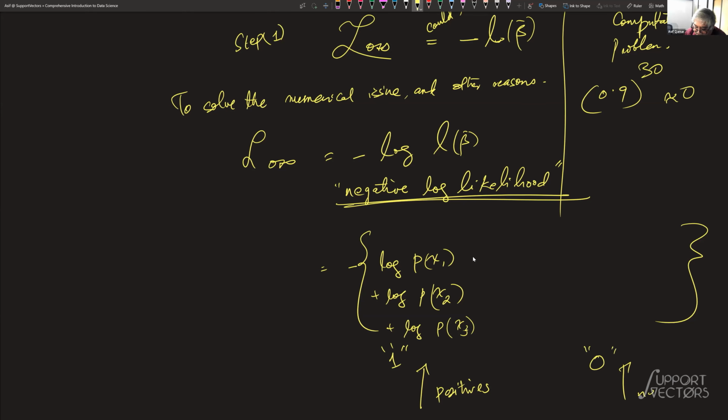Negative cases, you do log p of x tilde 1, plus log, oh sorry, 1 minus. Exactly, 1 minus. Remember, for negative cases, we take 1 minus the probability of x tilde 2, and so forth.